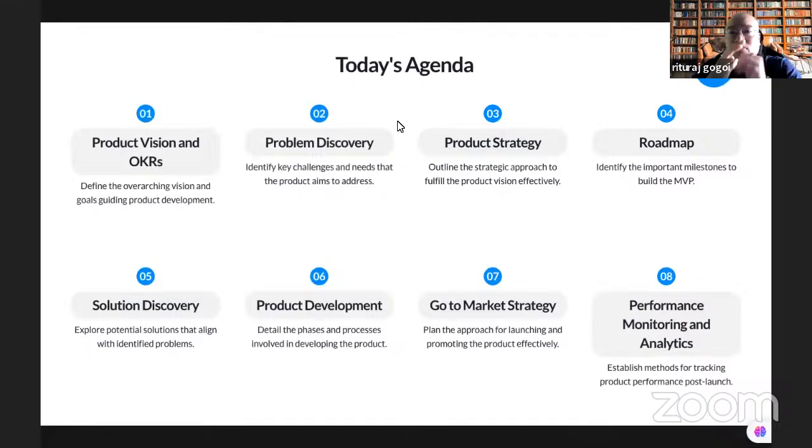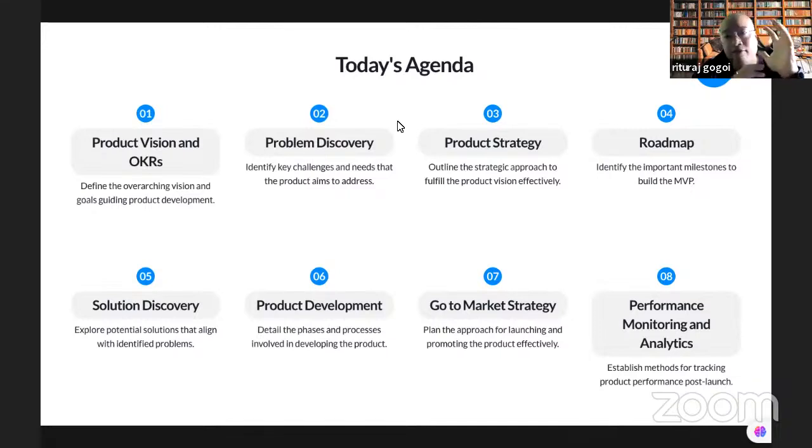Okay, so first of all, we'll just quickly take you through the agenda today. So we'll start with the very top, which is the product vision, and product vision will then help us understand what will be the objectives and key results area that we would want to focus on.